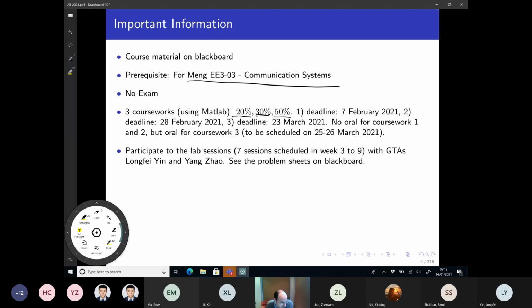You are going to have to submit a report first, but also you will have 15 minutes of discussion with the GTAs, where we will ask you extra questions and try to see whether you really understand what you have written in your reports.